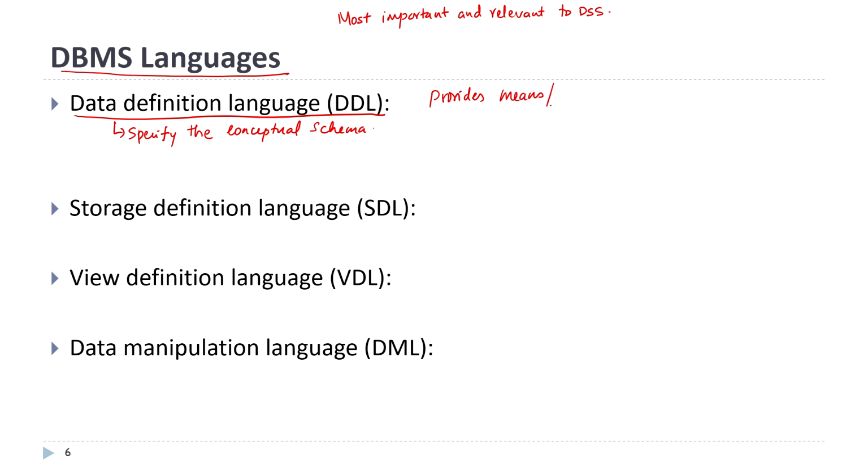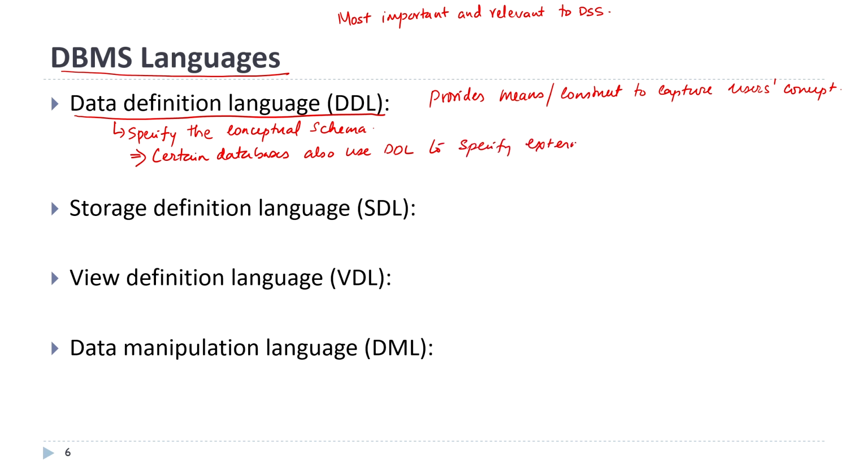Okay. So this DDL provides means, constructs, to capture the user's or users' concept. The DDL is the language that provides you the means to capture this. Also remember this: certain databases also use DDL to specify external and internal schemas.